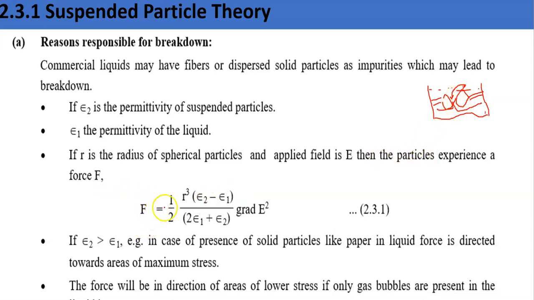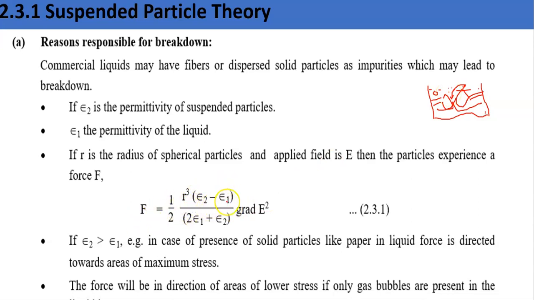That force is given as 1/2 into R cube, where R is the radius of the suspended particle, the impurity. It may be small or large, so that is R cube. It is proportional to that: if it is large, definitely the force will be large. If the suspended particle radius is small, this R cube will be small, and the force will be small.